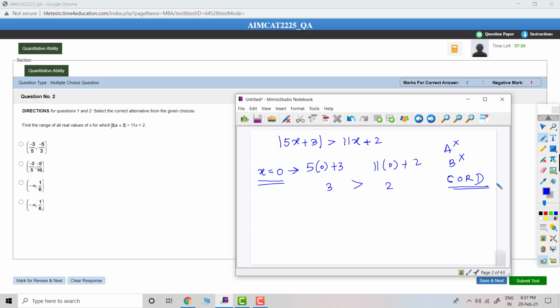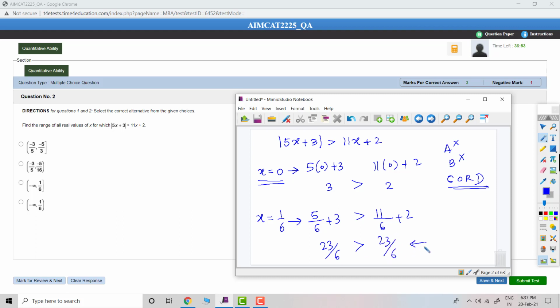What is the difference between option C and option D? Option C includes x equal to 1 by 6. If I put x equal to 1 by 6, this will become 5 times 1 by 6, that is 5 by 6 plus 3, is greater than 11 times 1 by 6, that is 11 by 6 plus 2. Let's check. 6 3s are 18, 18 plus 5 is 23 by 6, is greater than 6 twos are 12 plus 11, 23 by 6.